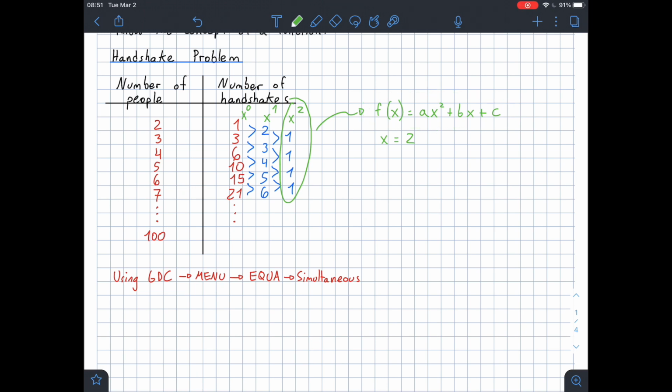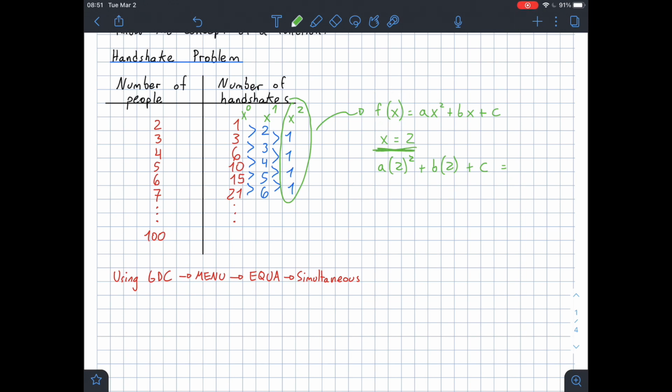If I replace this value of x into my function, then I would have that a times 2 squared plus b times 2 plus c is equal to f of 2.